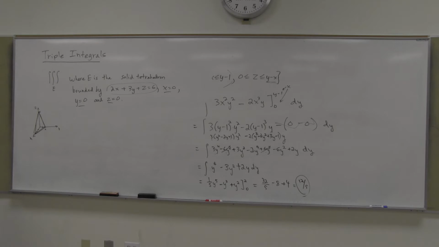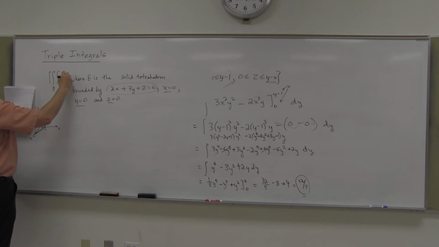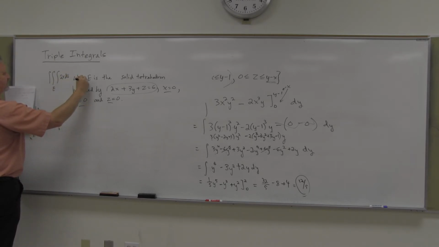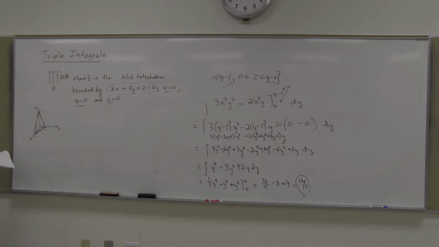Pyramid-y looking shape there. All right. Well, I left off most of my triple integral. It's 2x dv. So I'm going to evaluate 2x dv over that solid tetrahedron there.